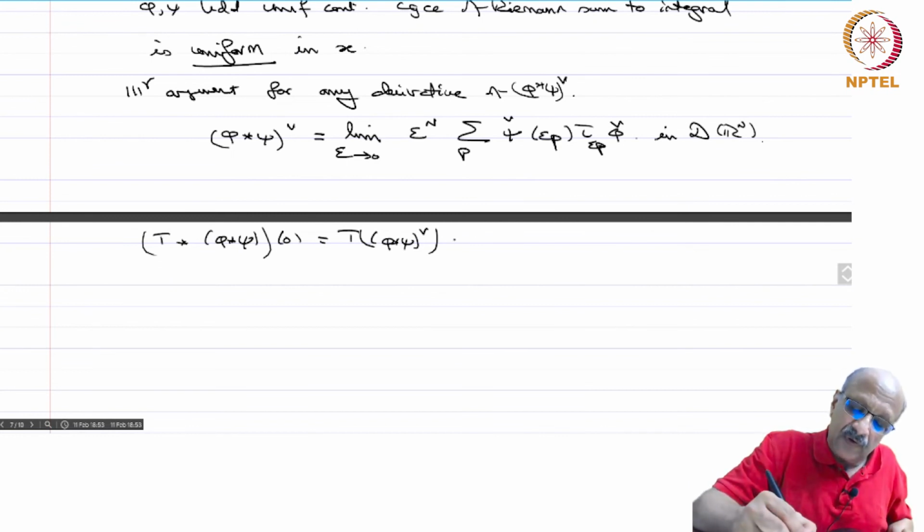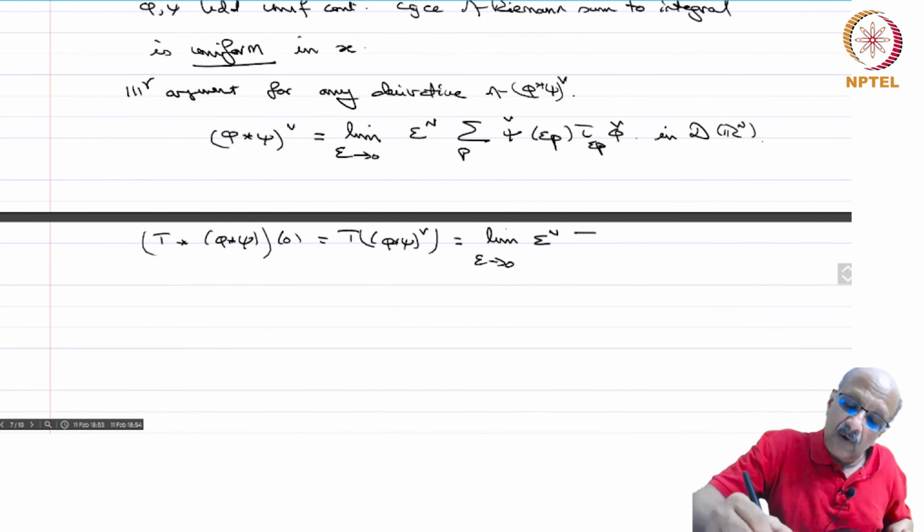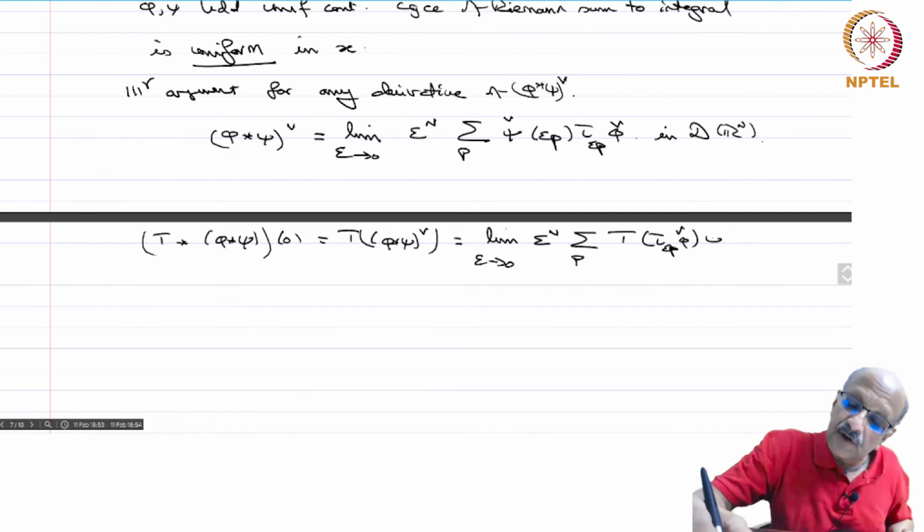So this is equal to the limit as epsilon goes to 0 of epsilon power n, the sum over p of T of tau epsilon p phi chesh times psi chesh of epsilon p.